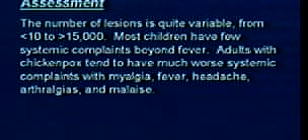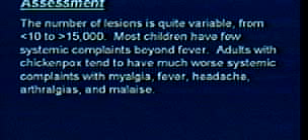Remember that the lesions for chickenpox start on the face and trunk and progress to the extremities. And usually the appearance they'll be coming for about 3 to 4 days. The number of lesions that a patient will get will be variable.